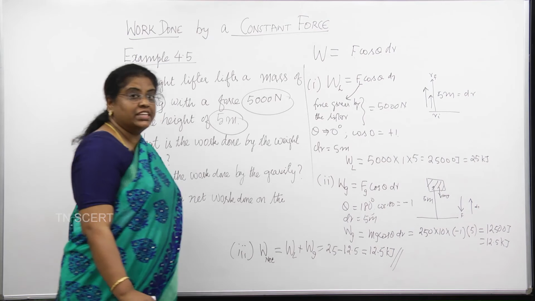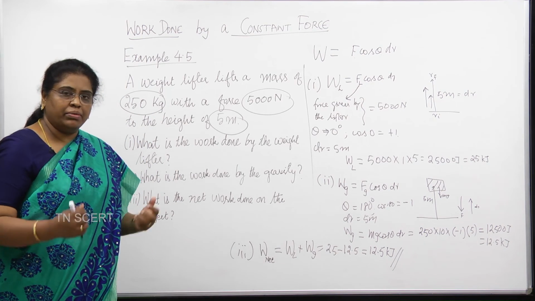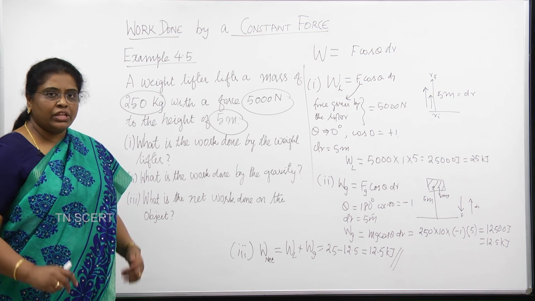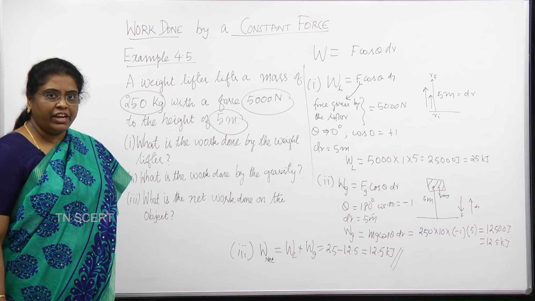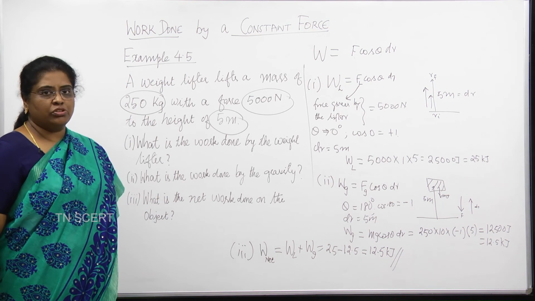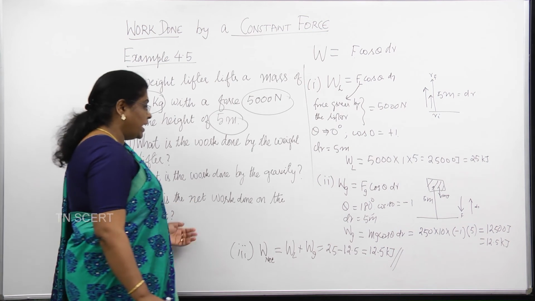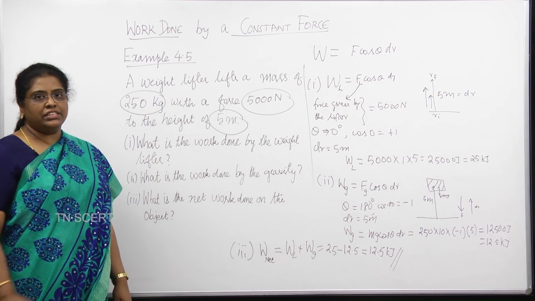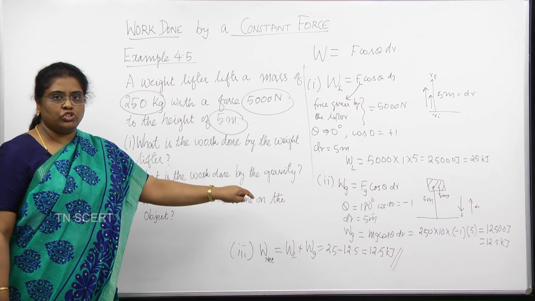The lifter has given excess force, he has done so much work, and that is the reason, even though gravity was acting on this 250 kg weight, he was able to lift it through the height of 5 meters. In this case, the net work done, the total work done, is 12.5 kilojoules, which is positive.